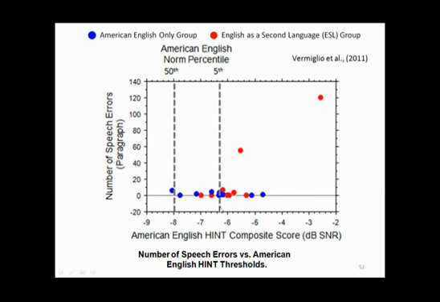So the implication is that early exposure to Spanish, even within the first 4 or 5 years of life, where they're only speaking Spanish, has a huge influence on their ability to recognize English in noise. Very, very interesting. We're in the process of collecting more data right now and hope to be writing this study up fairly soon.